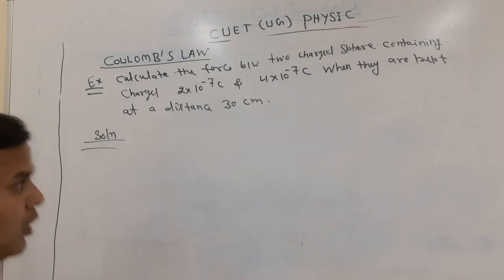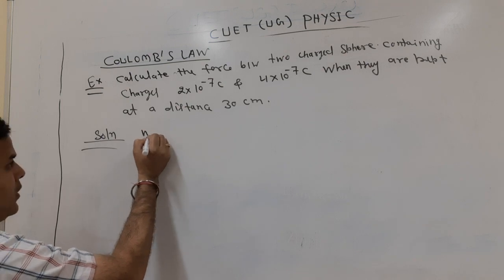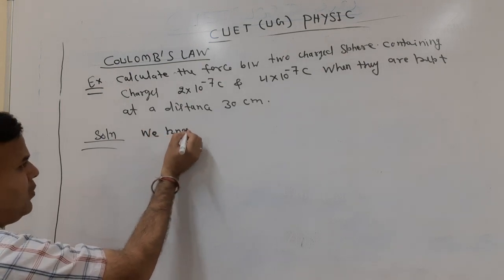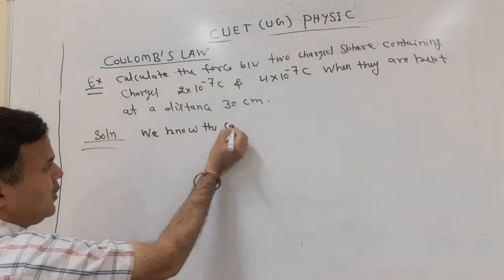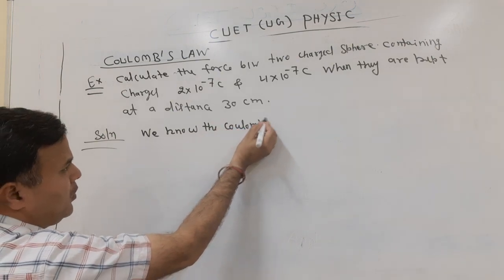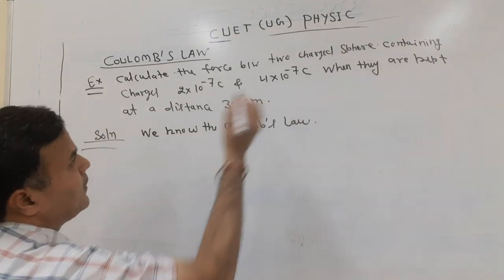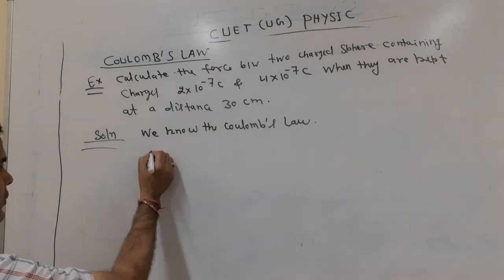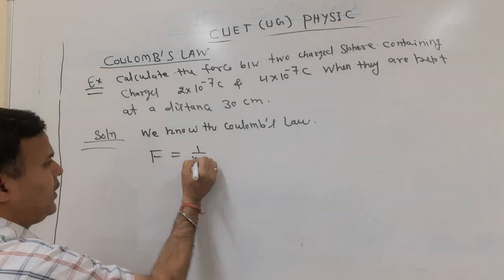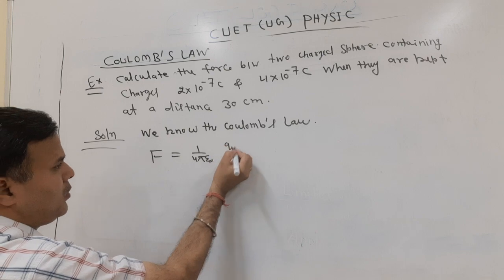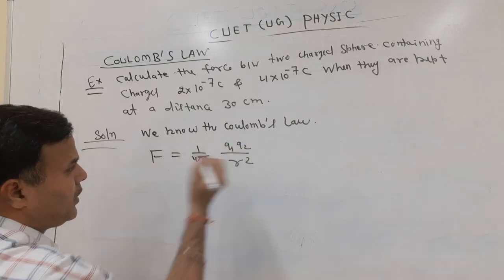We know Coulomb's law: F equal to 1 upon 4 pi epsilon 0 Q1 Q2 by R square.